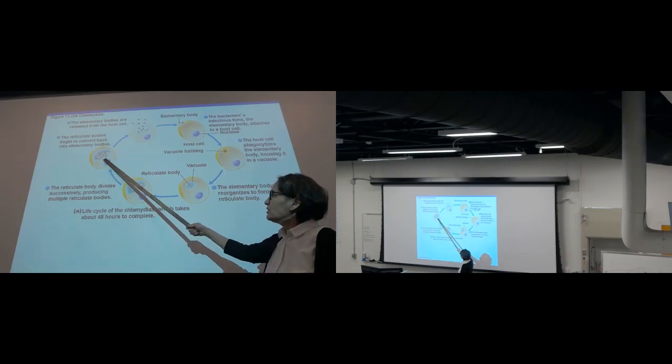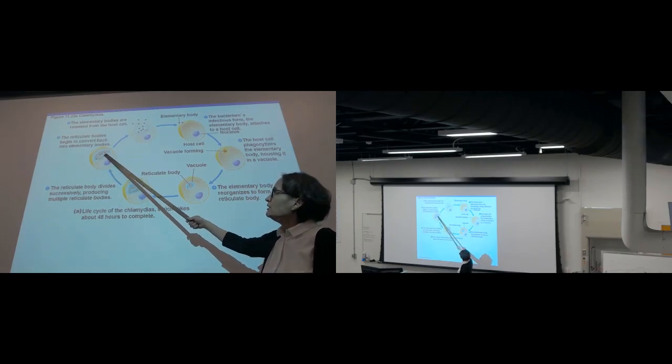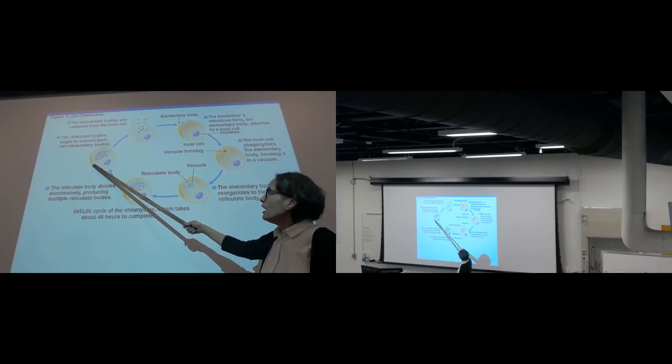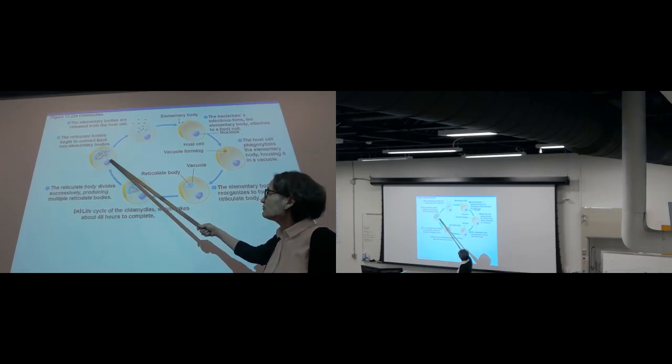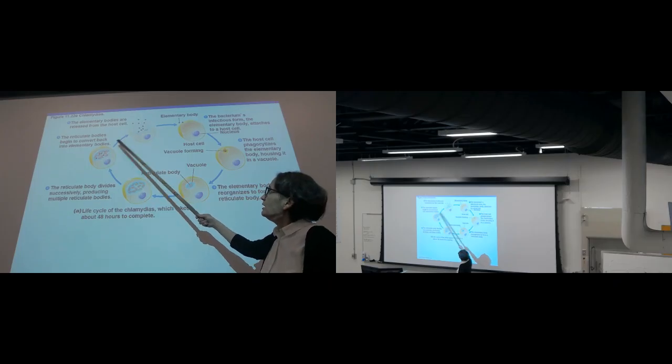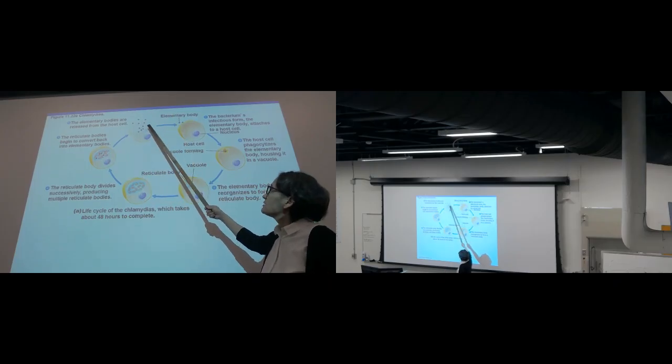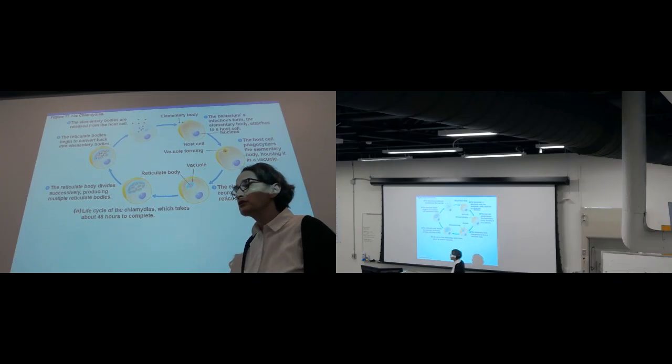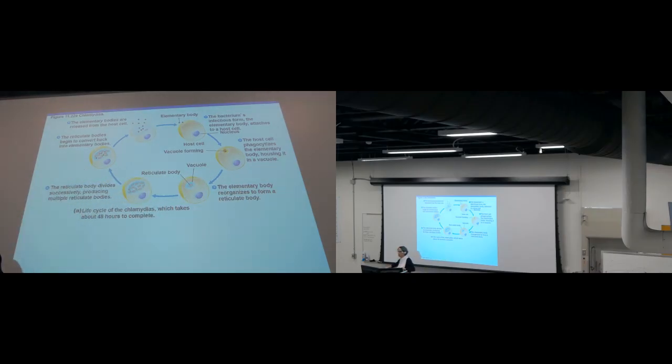Then these reticulate bodies start dehydrating, forming elementary bodies, and after you have many elementary bodies ready in this vacuole, the cell will burst, and then you will see more cells that are uninfected. So that's what happens in this area. So let's say that the infection starts here in the epithelium of the vagina.